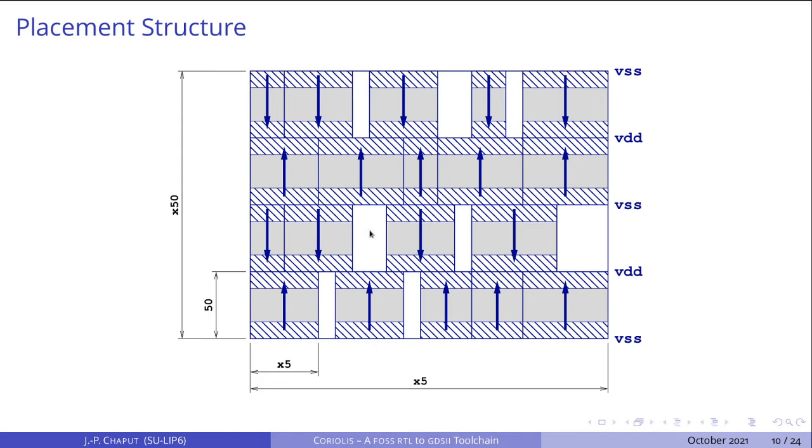There is also blank space that remains because of the algorithm, which needs at least some free space, and for other reasons, as we sometimes need to insert extra components like polarization contacts to avoid the latch-up effect or diodes to avoid antenna effects.